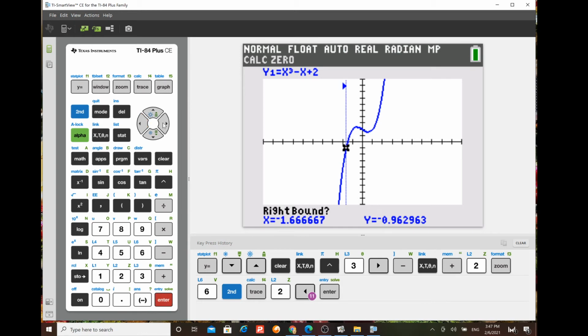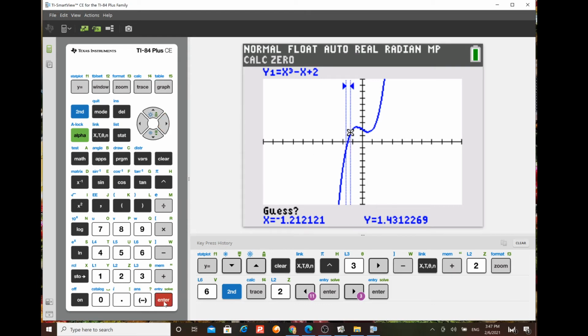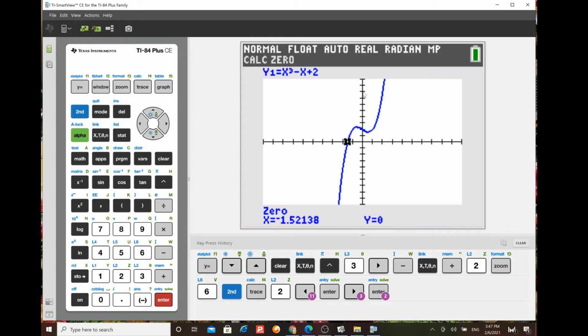And then right bound, press the right cursor a couple times until it's right above the x-axis, and then click enter. Click enter one more time. So the number right there is negative 1.52138. On Desmos, it shows 3 decimal places, but for the TI-84 or the CE model, it shows more than 3 decimal places. Okay.